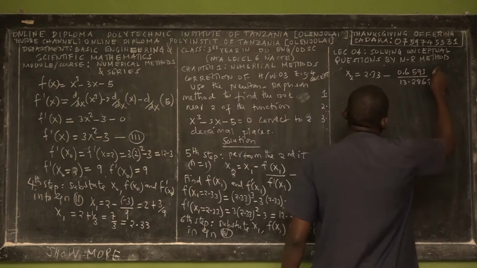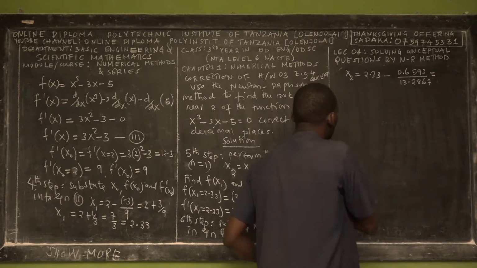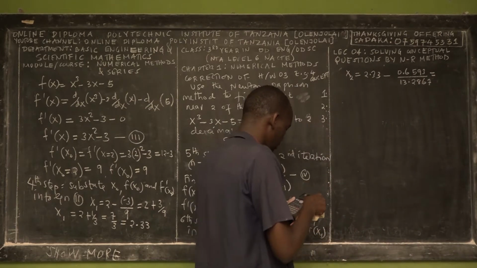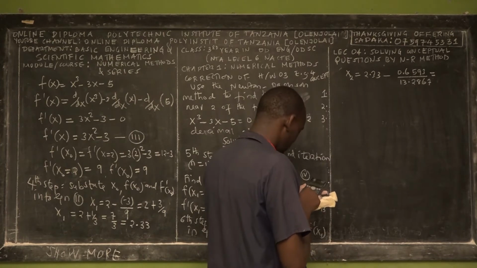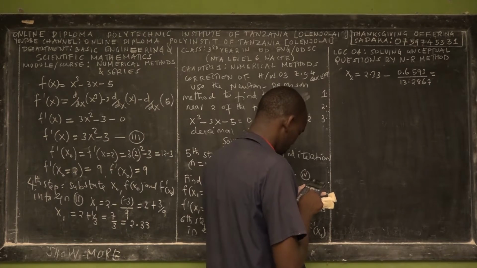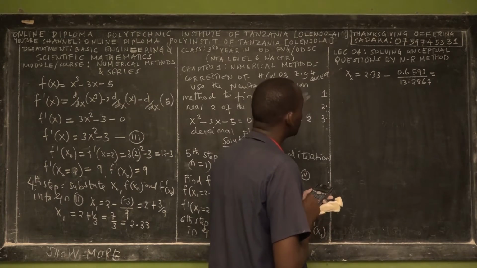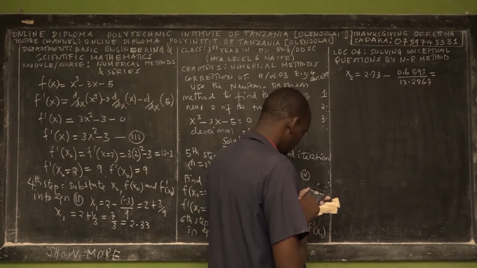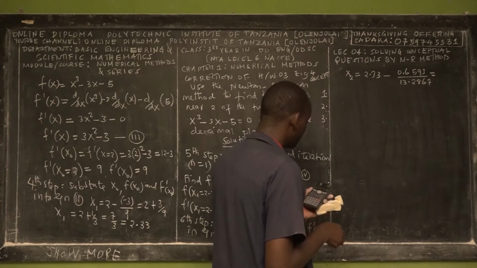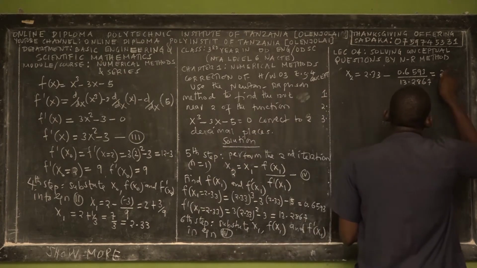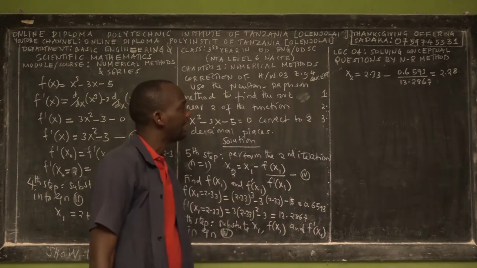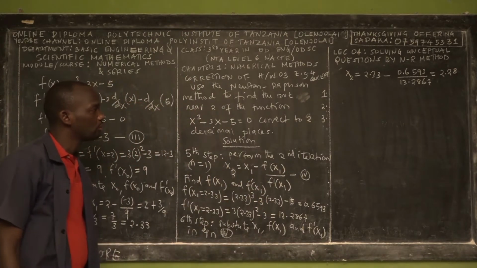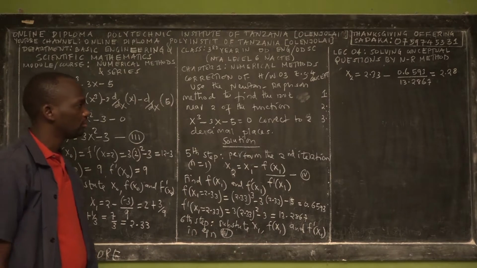So let us find the value of x2 in 2 decimal places. You have 0.6593 divided by the response, so you have 2.33 minus the answer. The answer here is 2.28 in 2 decimal places. So you finish the second iteration, and the answer for the root of the function is 2.28.